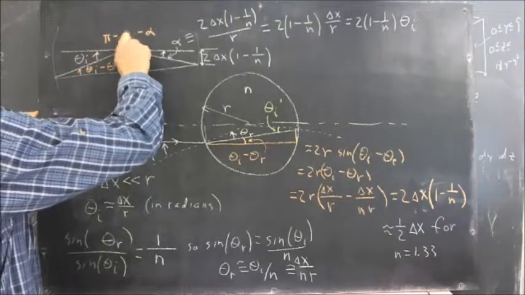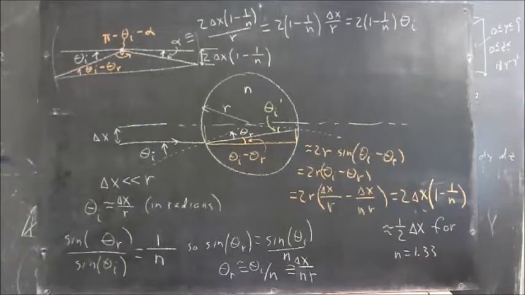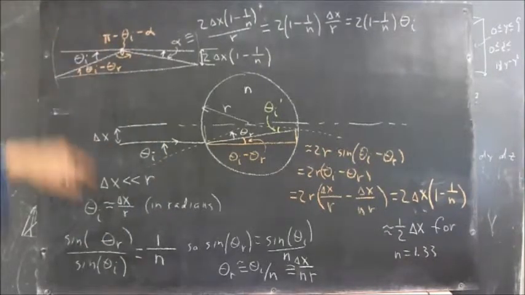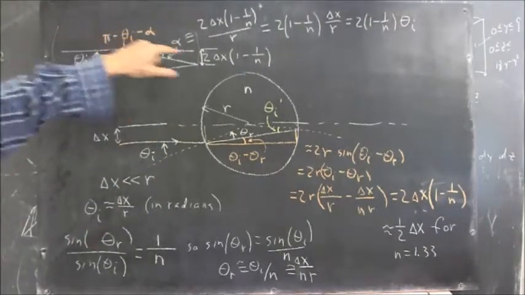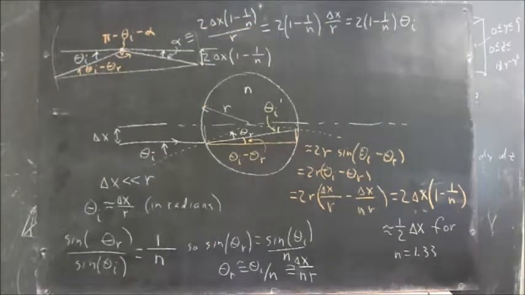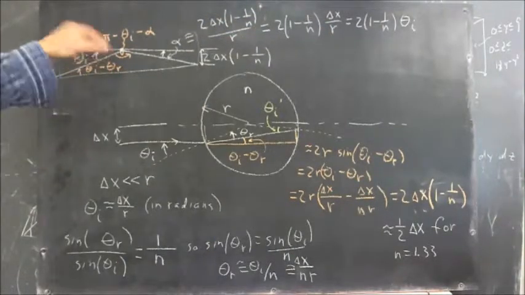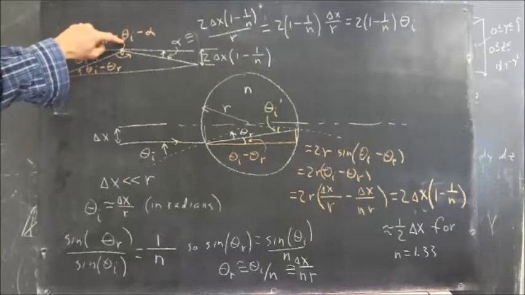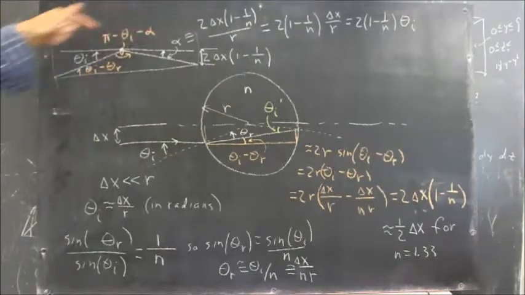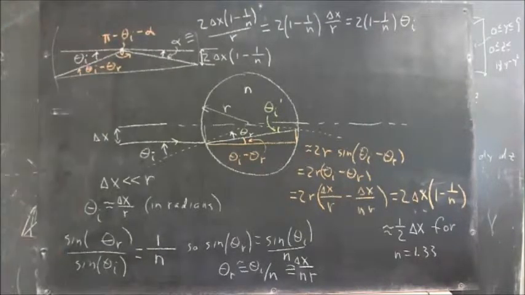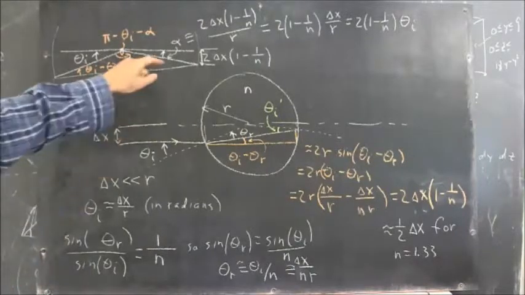And that's this angle. But of course, theta sub I is delta x over r, and alpha is 2 times 1 minus 1 over n theta sub I. So we could write this out in more detail. Now this is in radians, so it's more convenient to work this, especially if we're doing the theoretical calculation in radians.